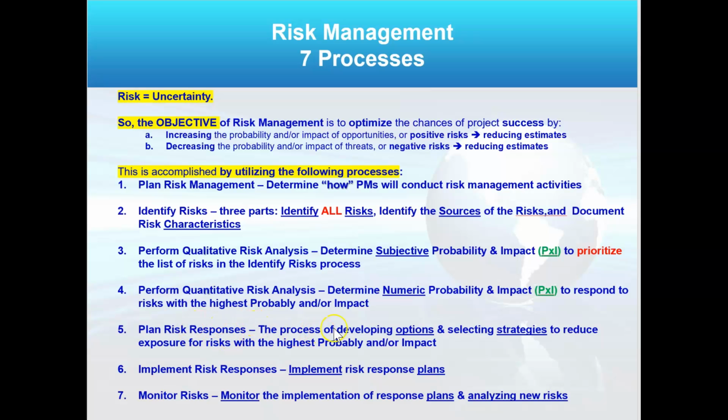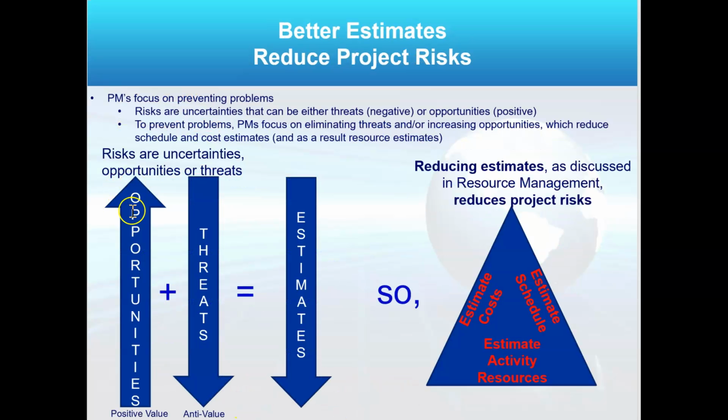Then we want to plan risk responses for only those risks with the really high probability and impact. And we want to then implement those plans if they happen, the risks, and monitor always, okay? Remember, I said risks, they are an uncertainty, by definition, are either an opportunity with positive value or a threat.